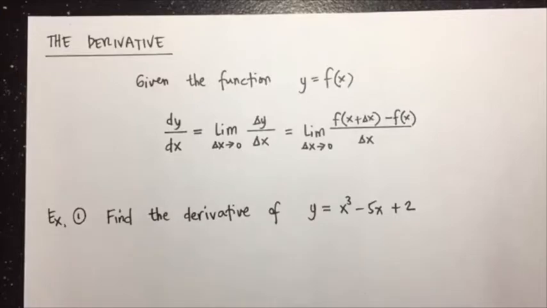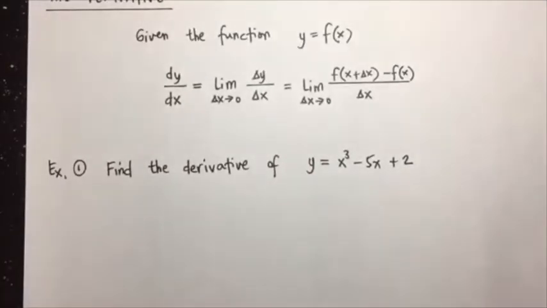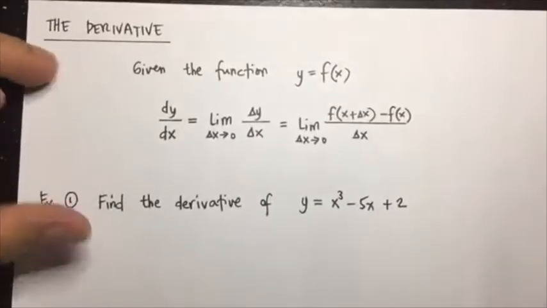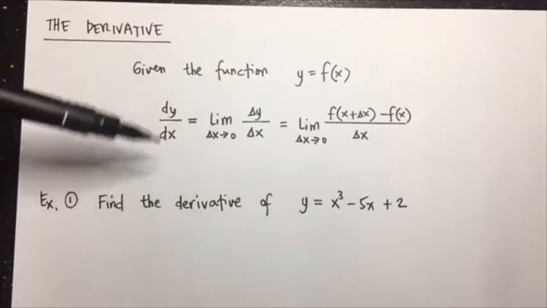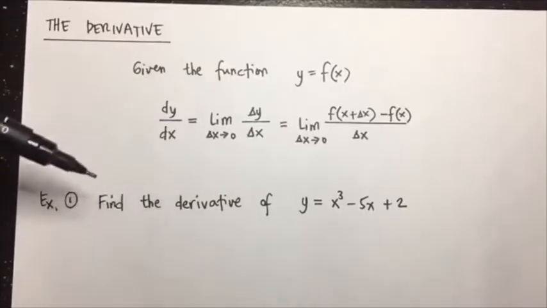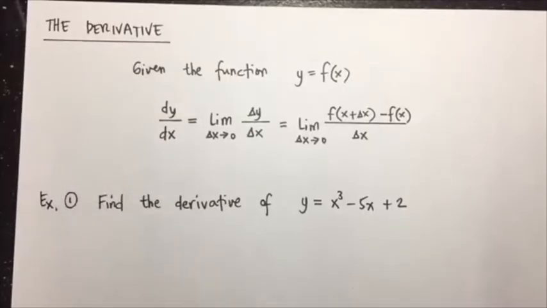use those derivatives. Let us have an example in finding the derivative. This method is called the long method, or the delta x substitution, for us to get the meaning of a derivative. Find the derivative of y is equal to x cubed minus 5x plus 2.